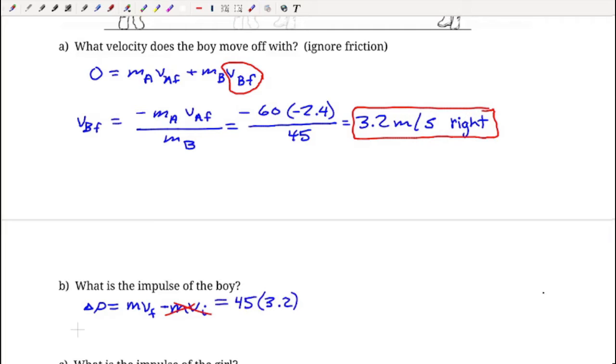So go ahead and plug that into your calculator, 45 times 3.2, and that will get you 144 kilogram meters per second. Again, thinking in terms of direction, positive answer to the right, and that makes sense. He was going 0 and he increased his momentum to the right, so this is going to be right. There's his impulse.